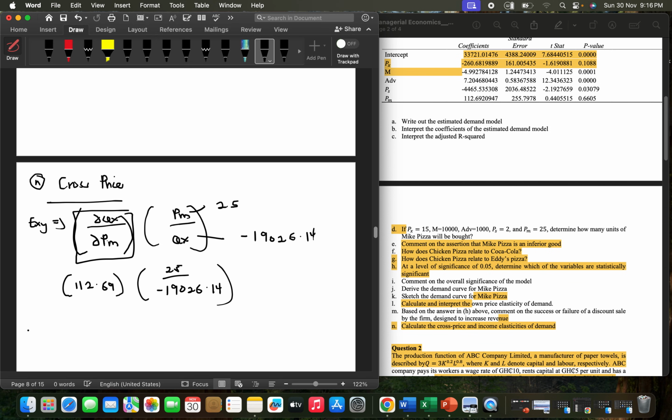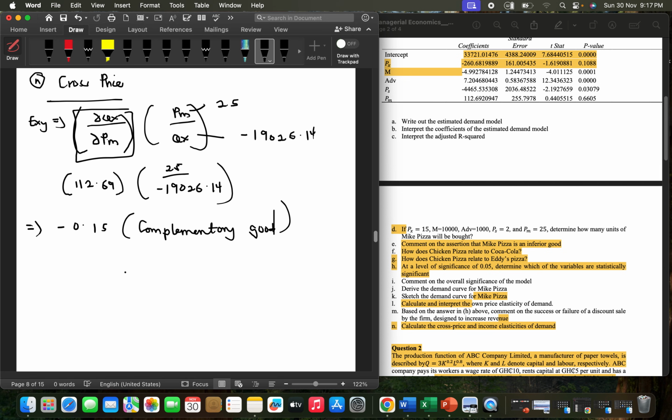So when I do this, our answer is going to be minus 0.15. Cross price, if it's negative, it's complementary. If it's positive, then it's a substitute good. So this is a complementary good.